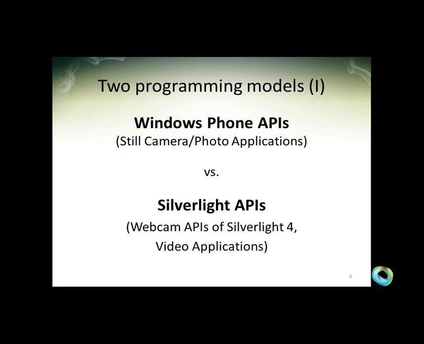In this webinar, and in particular in the live coding session, I will focus on the new Windows Phone APIs, because the Silverlight APIs really are compatible with what we already have on the desktop. So there are plenty of tutorials out there, videos and other resources. I will link to some of these at the end of the webinar. So I will focus on those parts of the API that are newly introduced with the recent updates.